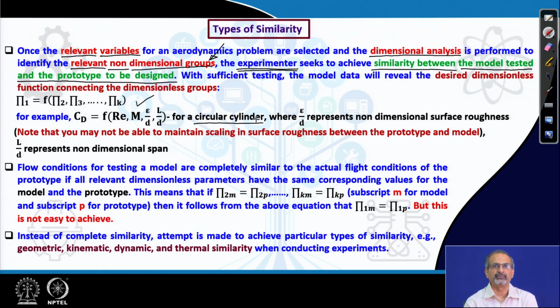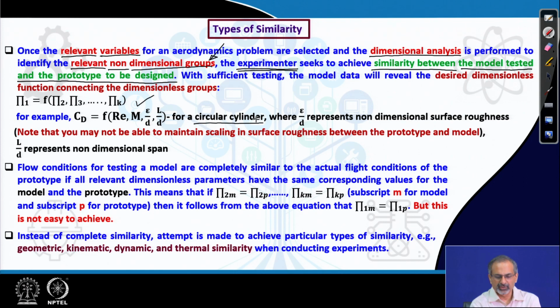You want to apply the results on a prototype which has a similar section, but which could be much larger, and in an application where the working fluid could be different, with differences in velocities, temperatures, etc. And then you are trying to understand how well your test model results from the wind tunnel can apply to the prototype which will be finally designed.